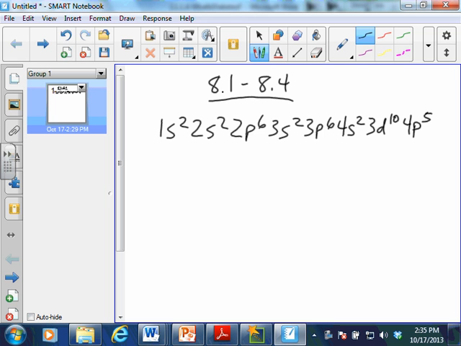Okay, how many valence electrons does that particular element have? 5. Almost. Okay, remember the valence electrons, that's the sum of the highest energy level S and P electrons, right? So these are valence when we define valence electrons typically. So it's 7. Yeah. So this would be a halogen, okay?